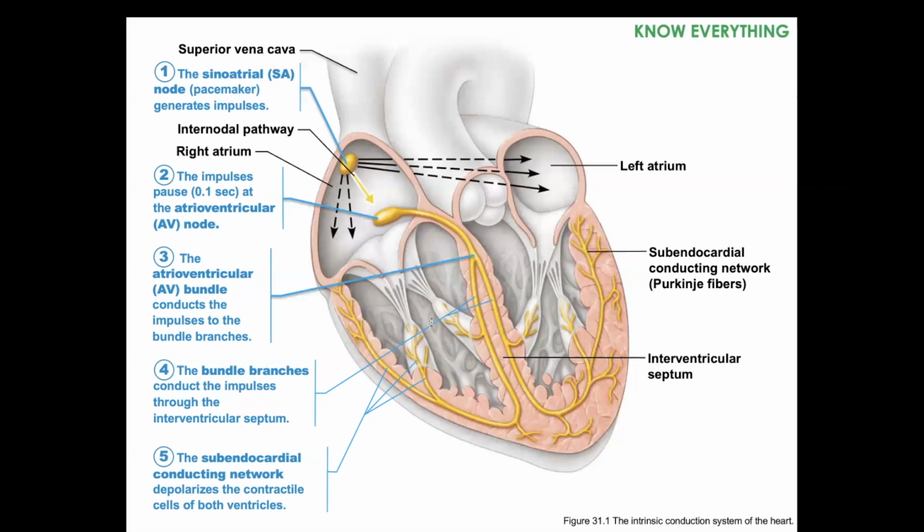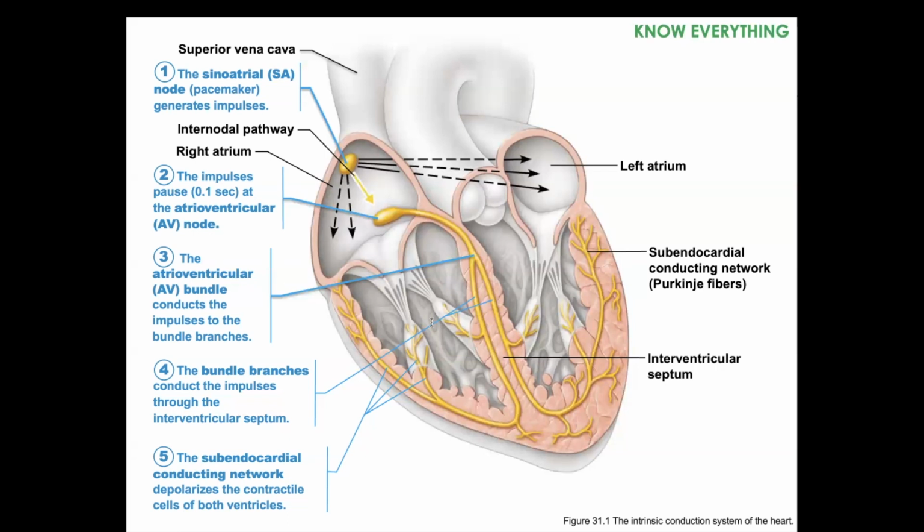The impulse then travels down to the atrioventricular node, where it will pause for 1/10 of a second. This pause allows for the atria to finish contraction before the ventricles contract themselves, ensuring all the blood in the atria has been ejected into the ventricles.